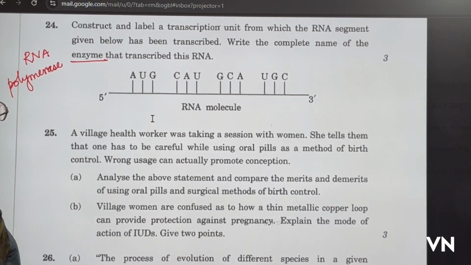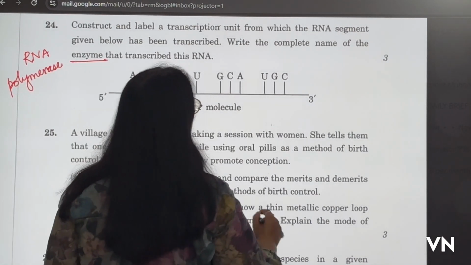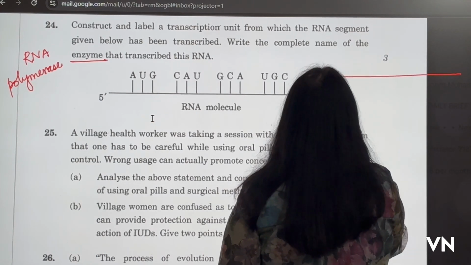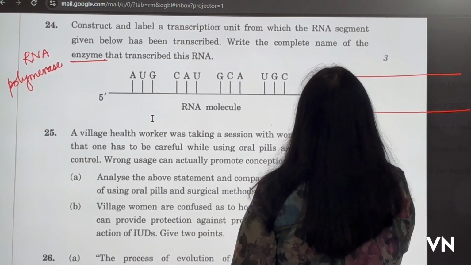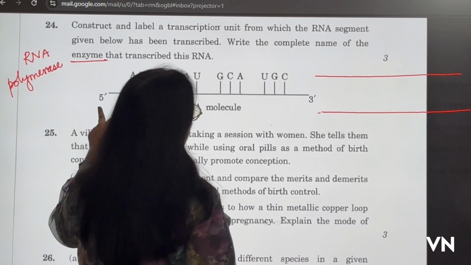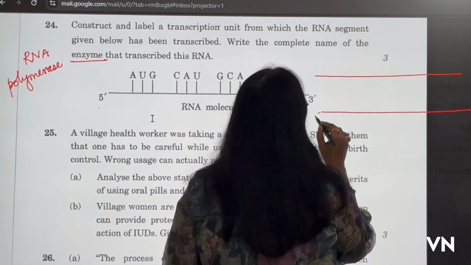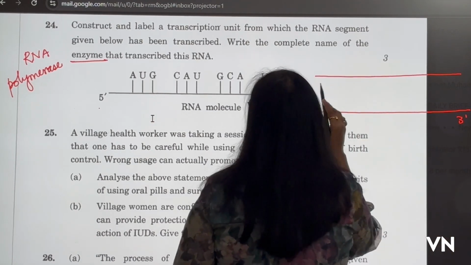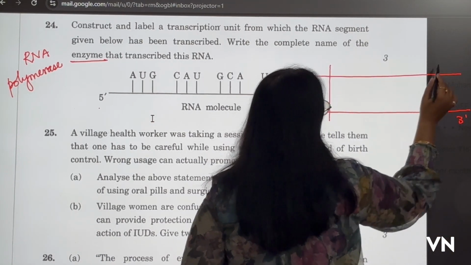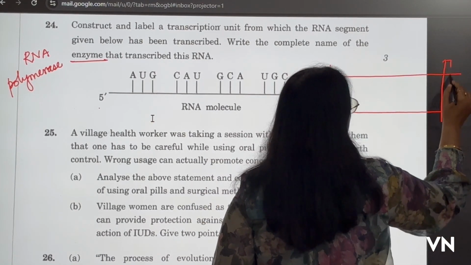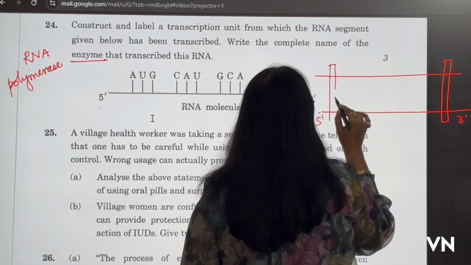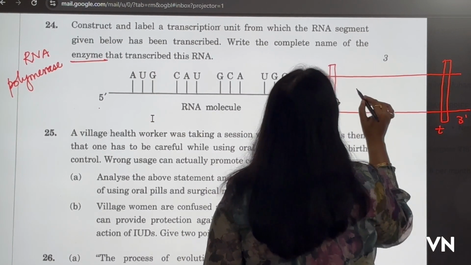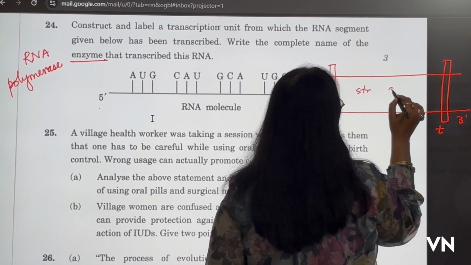And for construction of a transcription unit, see, this is 5' to 3', and transcription unit is a part of DNA. This is promoter, this is terminator, this is a structural gene.